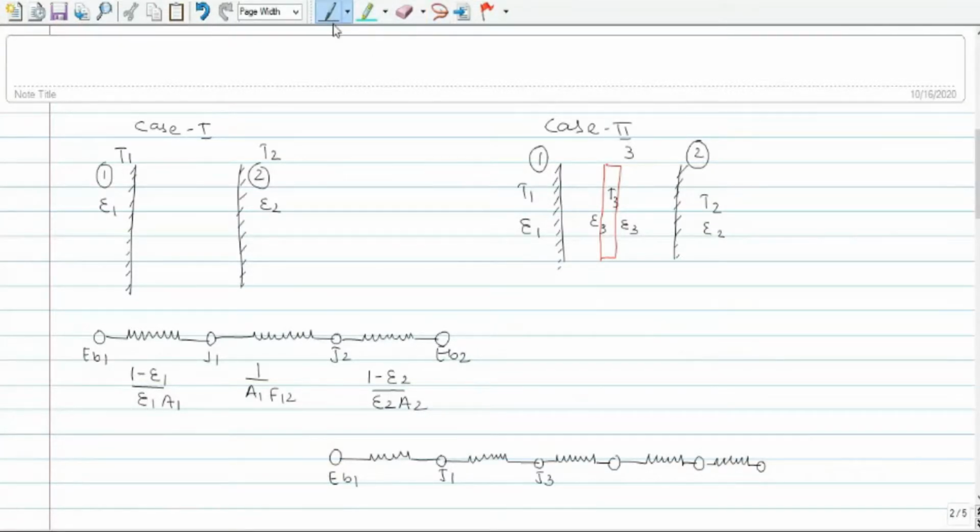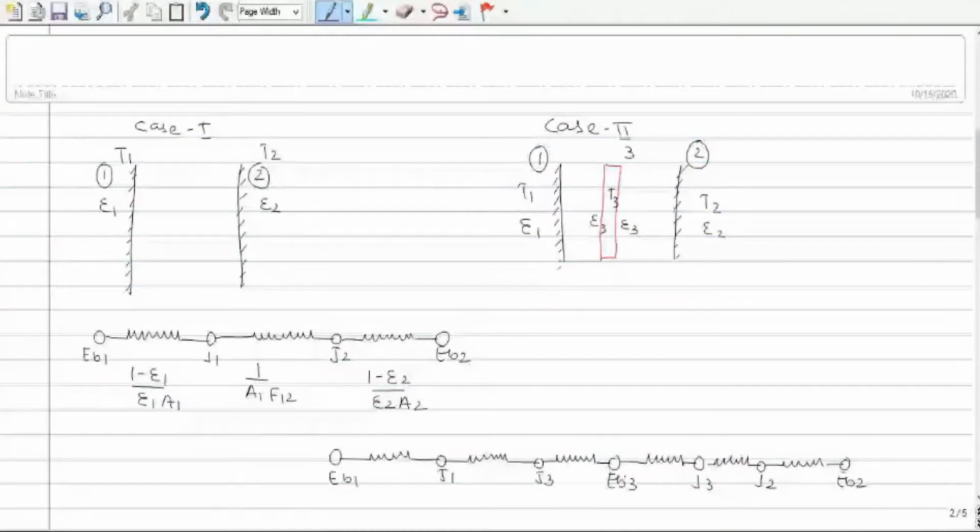So here it is a surface resistance, space, surface. Then here it is EB3, here it is again J3, here it is J2. There is again a surface resistance, and there is EB2.